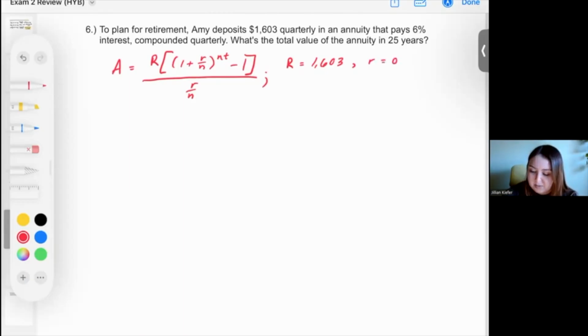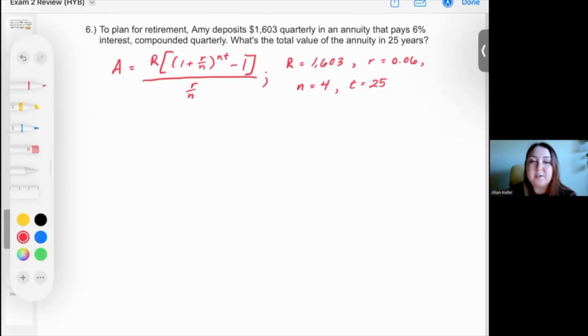So in decimal, that'll be 0.06. Then we have the number of times it compounds per year, which we said quarterly. So n would be equal to 4. And lastly, we have t, which is going to be 25 years. So we want to know how much it is in 25 years.